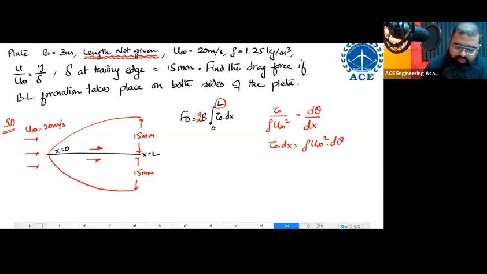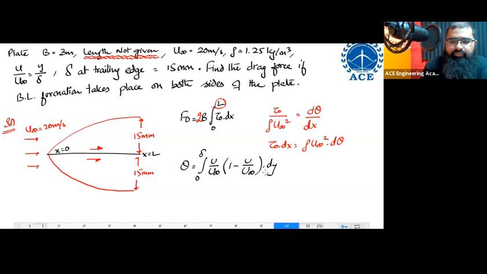How do I find the value of theta? Theta is equal to integral 0 to delta of u upon u infinity multiplied by 1 minus u upon u infinity times dy. This is a formula we have. If you put u upon u infinity is equal to y by delta, this is equal to integral 0 to delta of y by delta into 1 minus y by delta into dy.